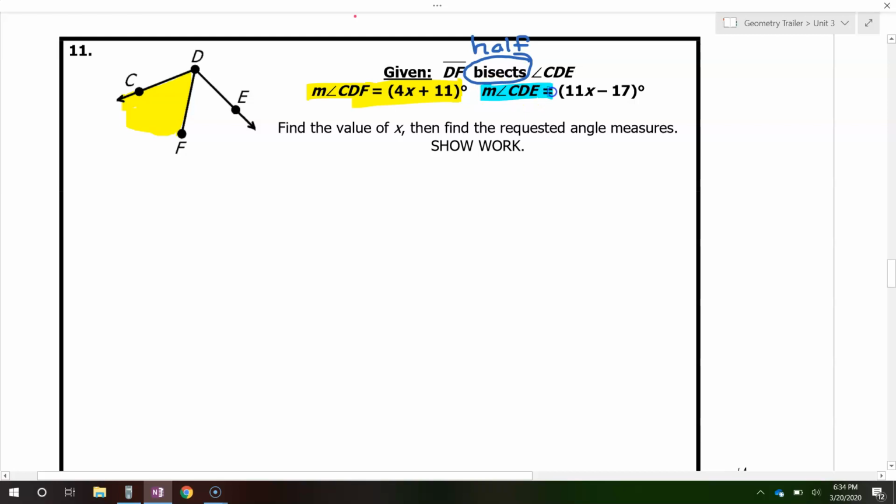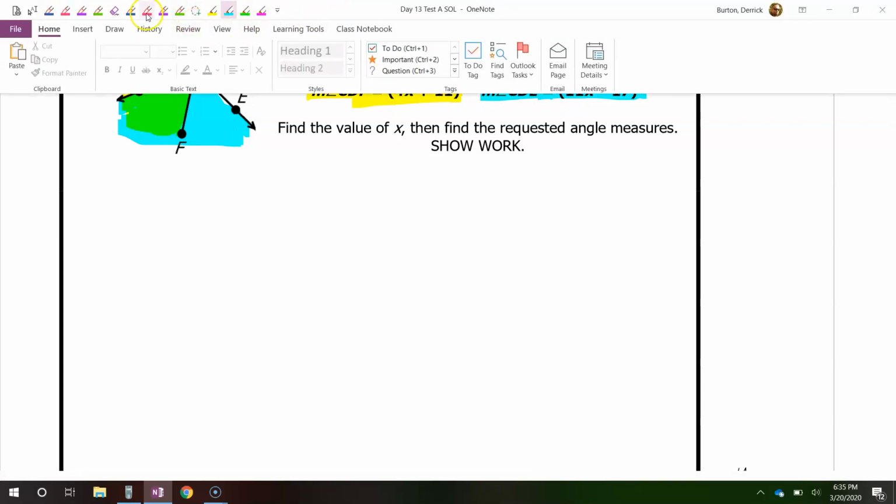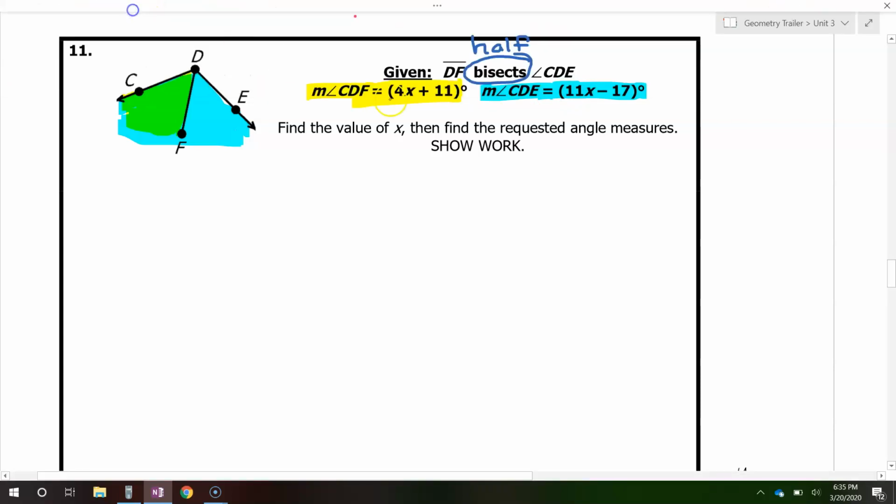We'll do CDE in blue. Okay, so watch this. CDE overlaps this. CDE is the whole thing. CDE is shown here in blue. Okay, so did they give us a half and a half, or did they give us a half and a whole? I think you can see that what they gave us was a half and a whole.